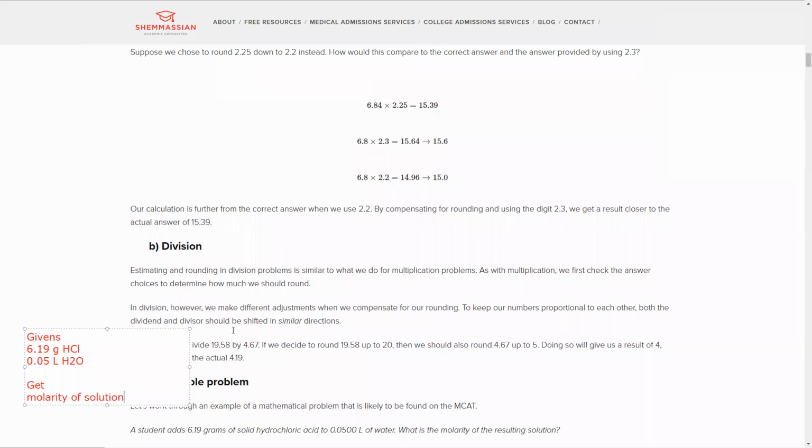Now the easiest way to do this is to identify what units I'm dealing with. I've been given grams and I've been given liters. And what is the unit of what they want me to get? Molarity. Anybody know what molarity is in terms of units?